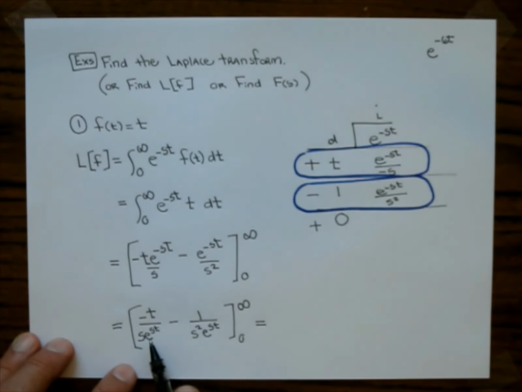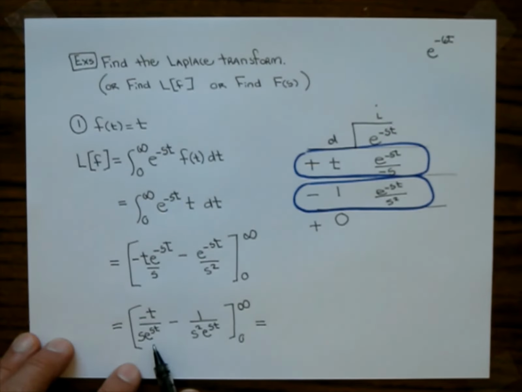If s is positive, so let's say you have a 6t on the bottom, you're going to have t on the top and e to the 6t on the bottom. You're going to have infinity over infinity, or negative infinity over infinity. But the heavy part is going to be on the bottom, and when you do a L'Hopital on that, you'll end up getting a negative 1 over infinity after you do derivative on the top, derivative on the bottom.